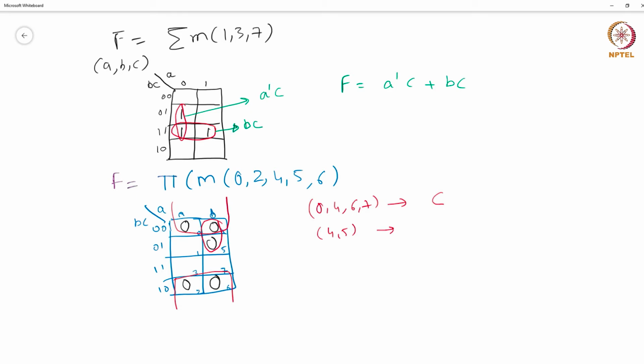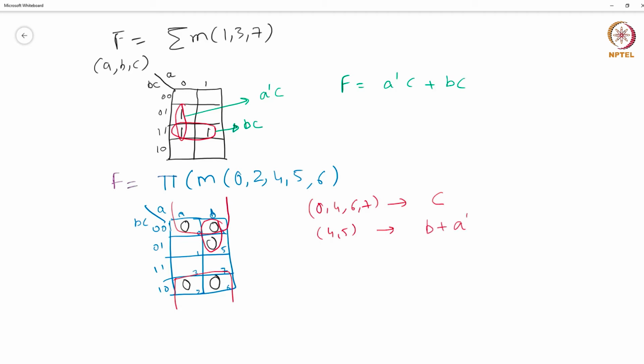And for 4 and 5, this is 1, so that means it has to be A dash, and there will not be a C term because C is 0 and 1 here, so because of this pair, C will go away, so this is B plus A dash.